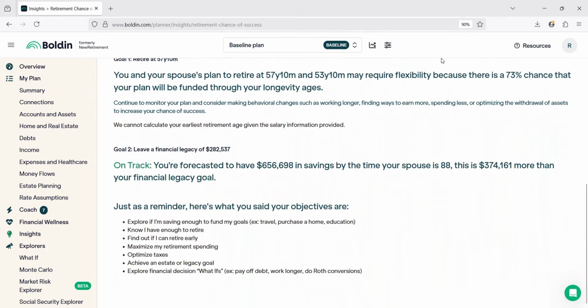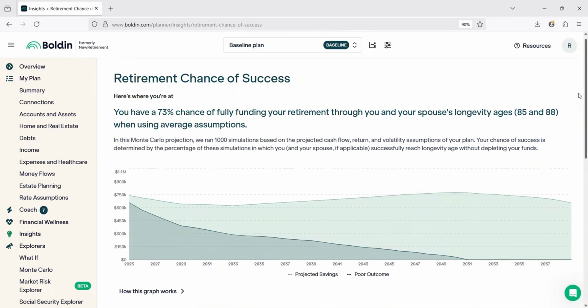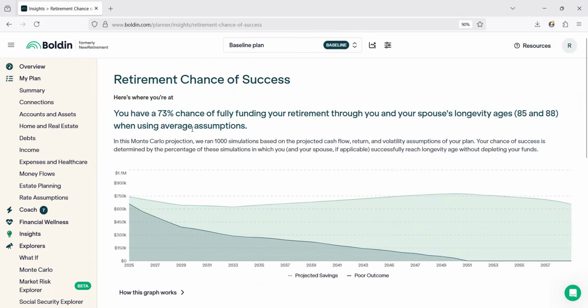Okay. And then they give you a little bit of information. You're forecasted to have 656,000 by the time they're 88. Here's the thing. This is a 73% chance without any large one-time expenses, like a new car.